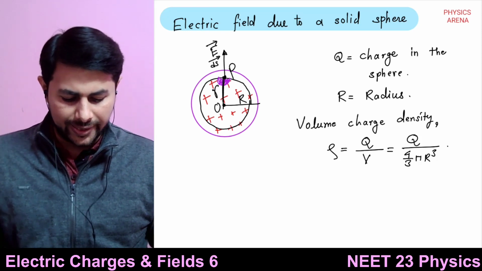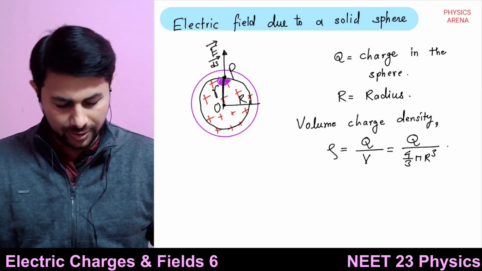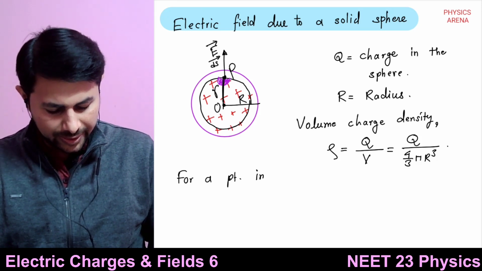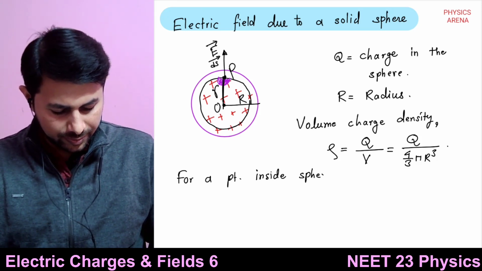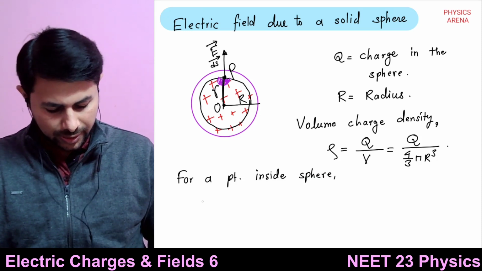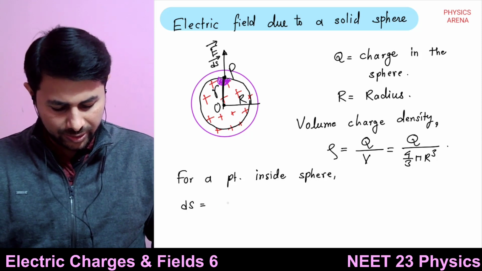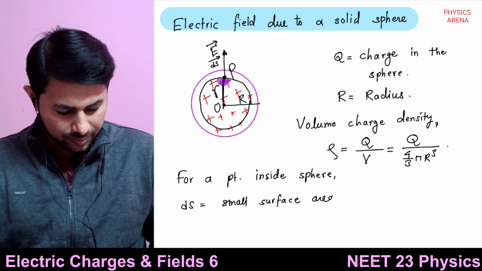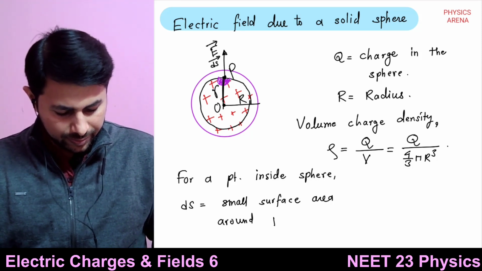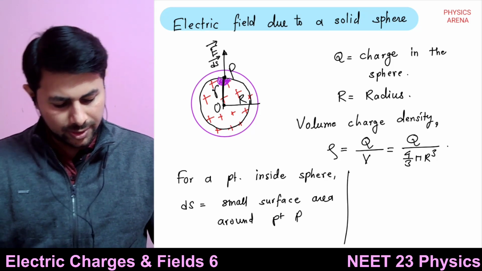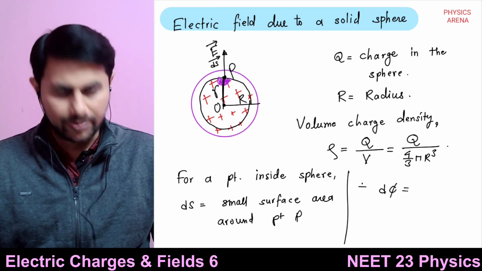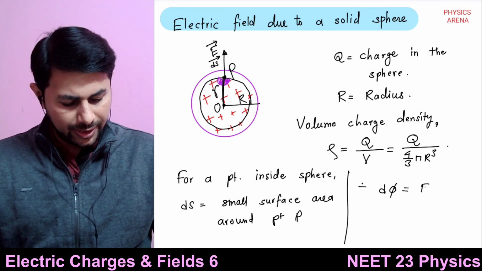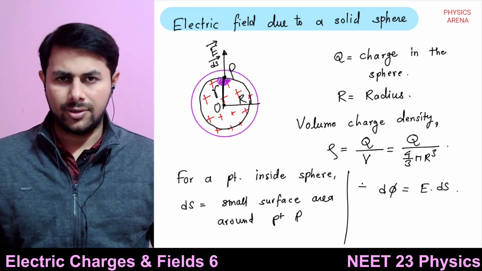Okay, so then I can say flux through this, for a point inside the sphere. dS is a small surface area around the point P. Therefore d phi, the flux through this surface area, is E multiplied by dS, right?